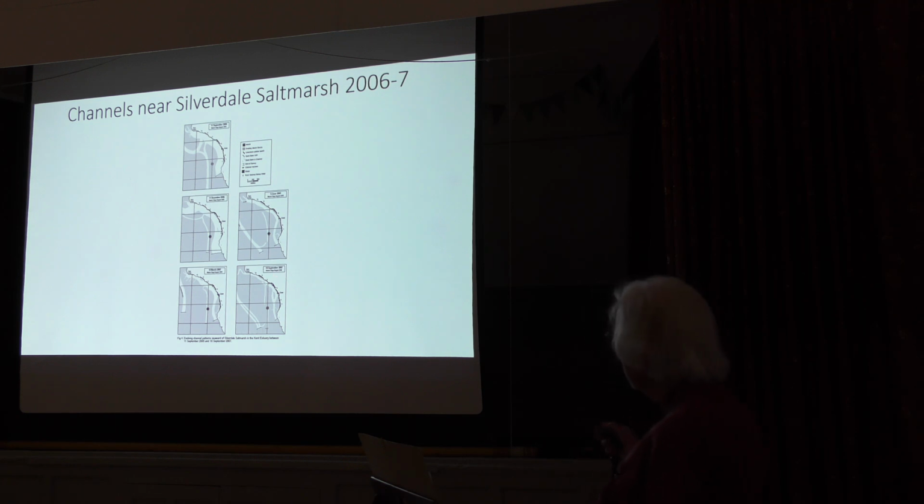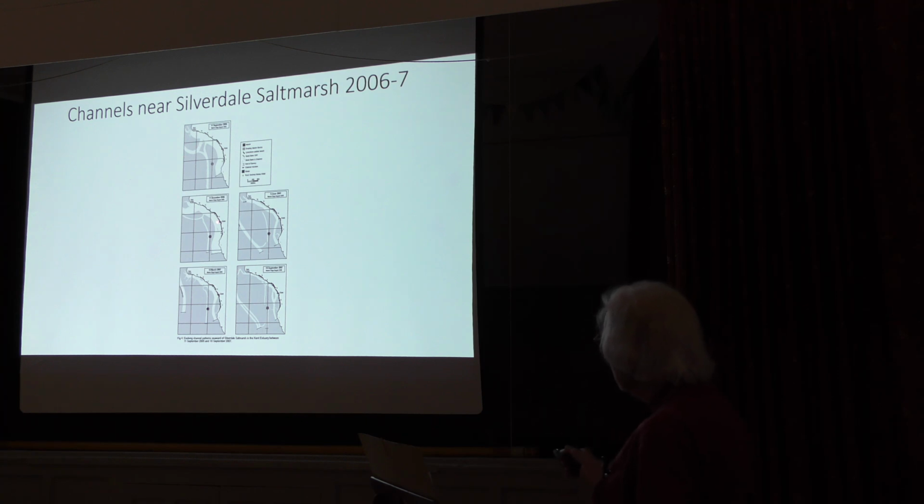And the really important thing to note here is that in September 06 there was a very large channel along the whole of the Silverdale shore. It was being fed in by channels from the north, but also one coming in from the west.